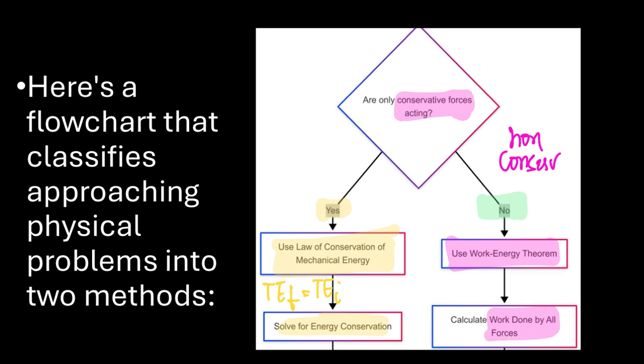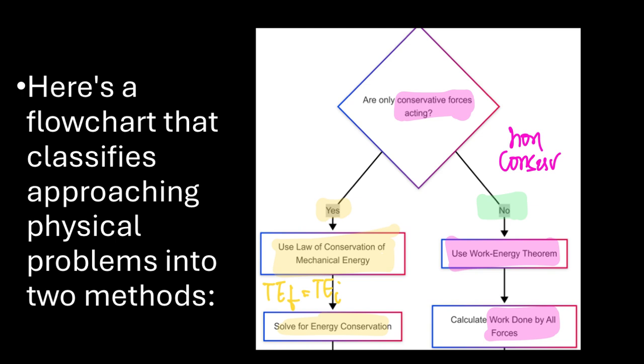Okay, I hope that makes sense. So we have a system, and if the system has only conservative forces, then apply the law of conservation of mechanical energy. If we see non-conservative forces being present in the system, then we use the work energy theorem, and then we calculate work done by all forces.